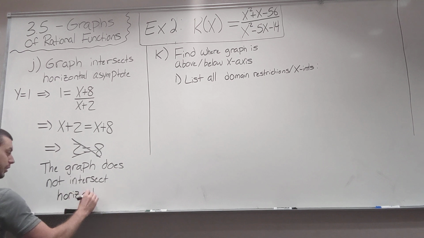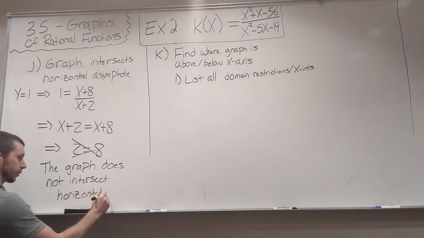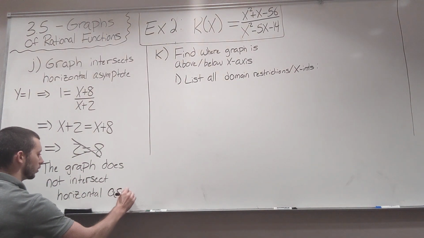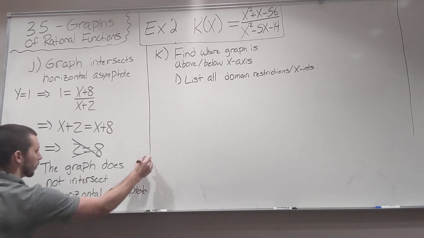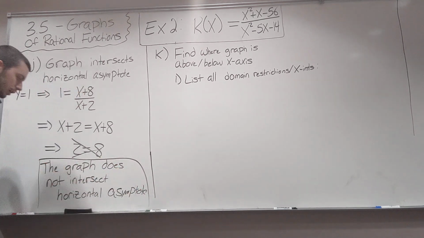And there will be an option to allow you to express this. So this is the conclusion: the graph does not intersect the horizontal asymptote.